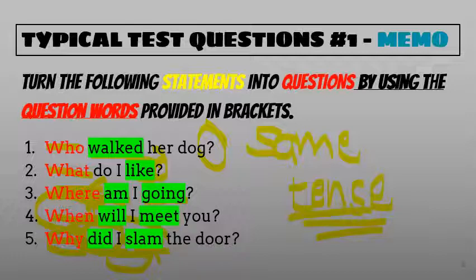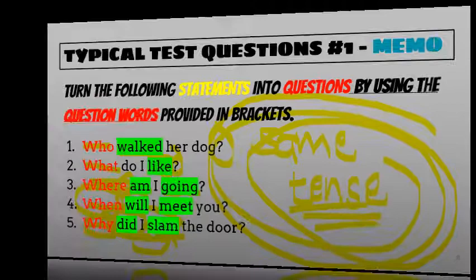So did slam is still in my simple past tense. I'm not going to say why did I slammed the door. That is incorrect. So that is the first type of question you can expect when I give you a question word and you have to convert that statement into a question using the question word. Important, stay in the same tense.